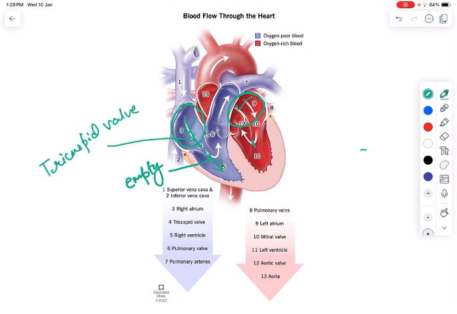Both work at the same time. When blood enters both atria, in this one deoxygenated blood will enter, and in this left atrium oxygenated blood will enter at the same time.